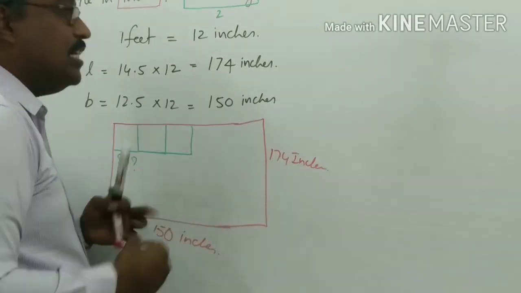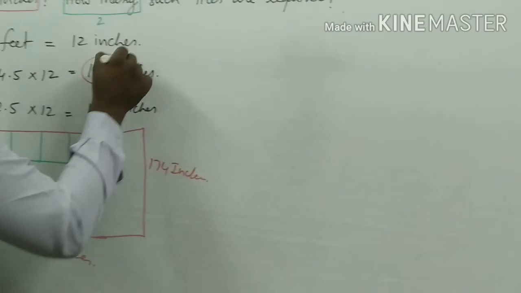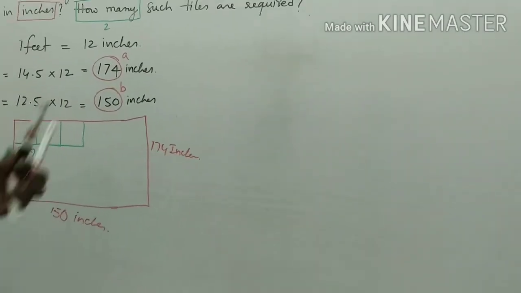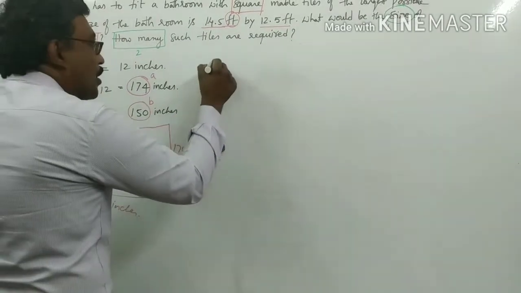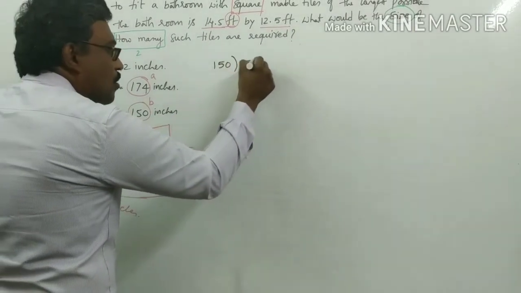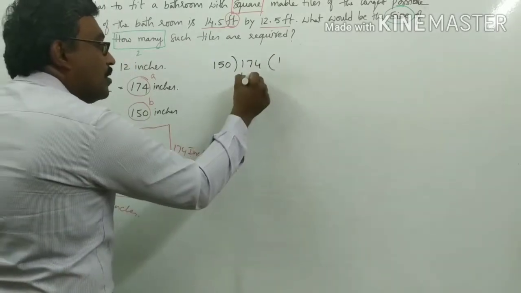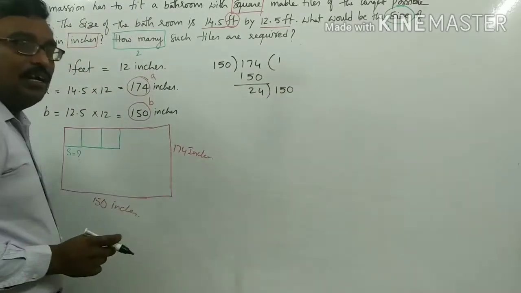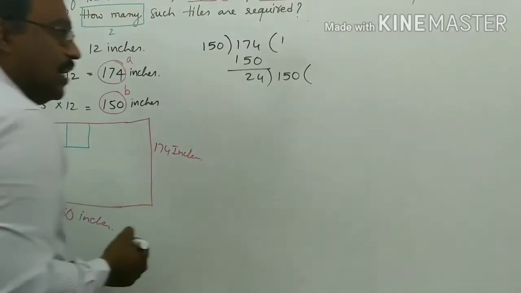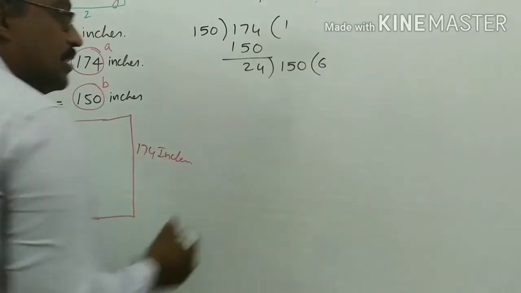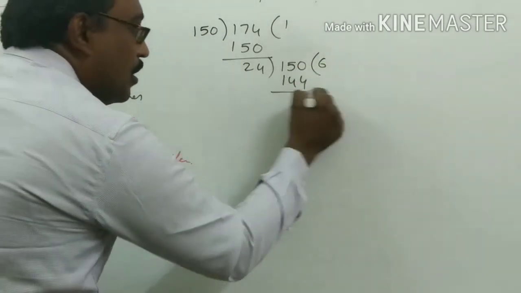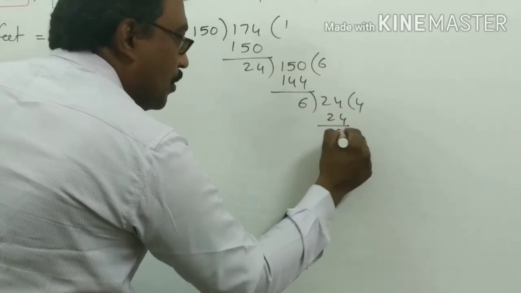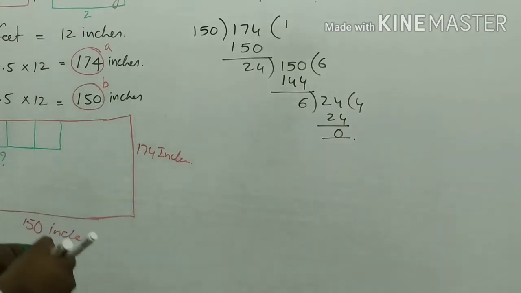I am considering one as A and the other as B. By using Euclid's division algorithm, A is greater than B. Therefore, 150 divides 174 one time, remainder 24. Now my remainder becomes the divisor and 150 is the dividend. Divided 6 times gives 144, remainder 6. Again 24, 6 4s are 24.